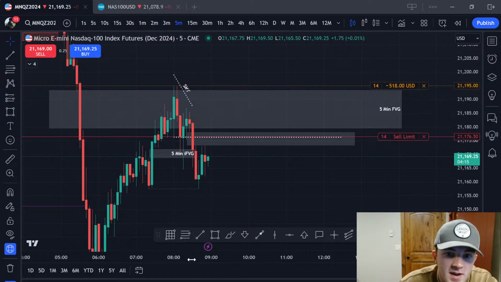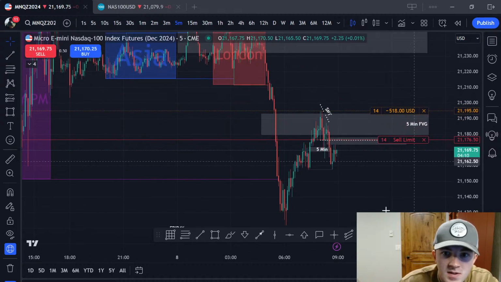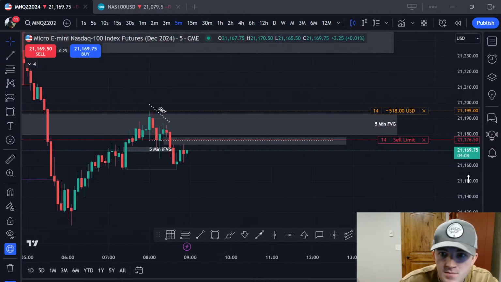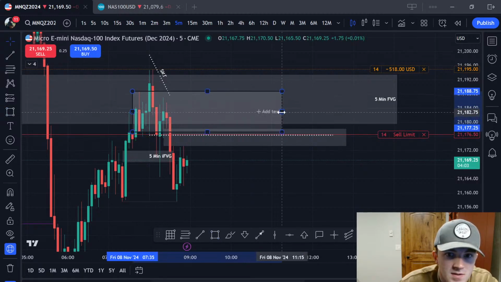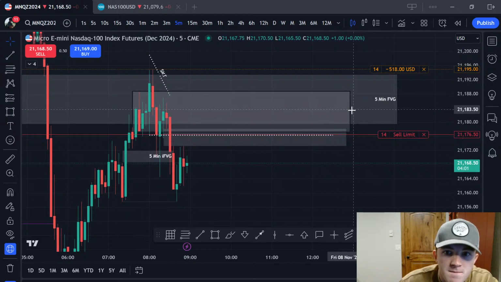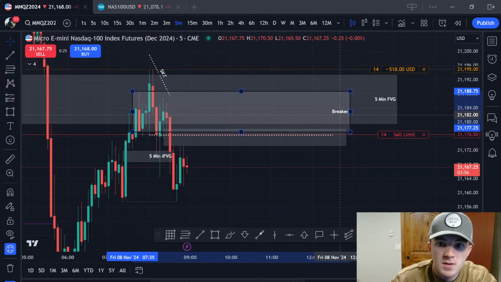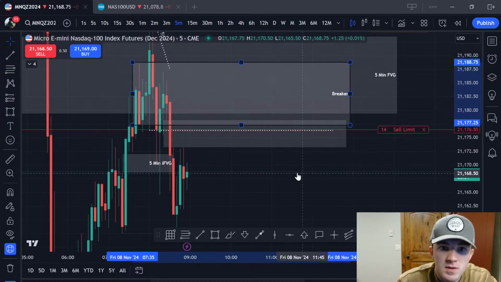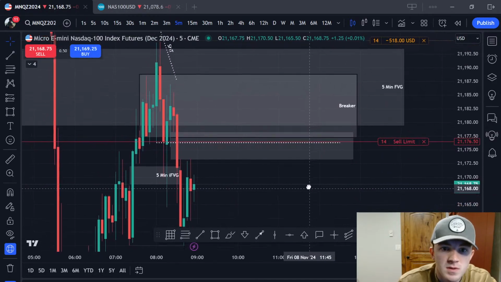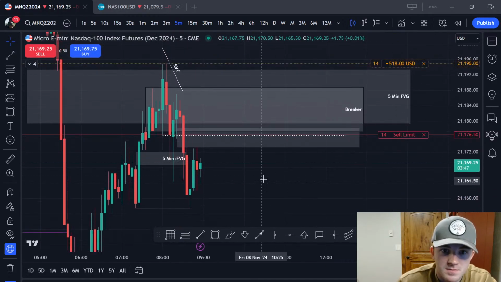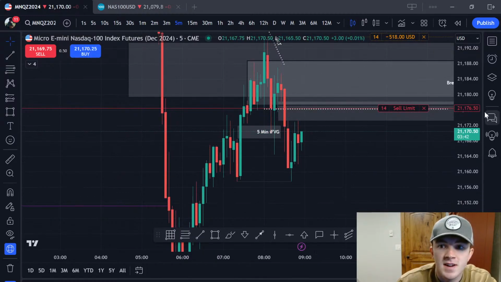SMT, 5-minute fair value gap, higher time frame AMD, breaker. Oh, I like this a lot. This is nice.